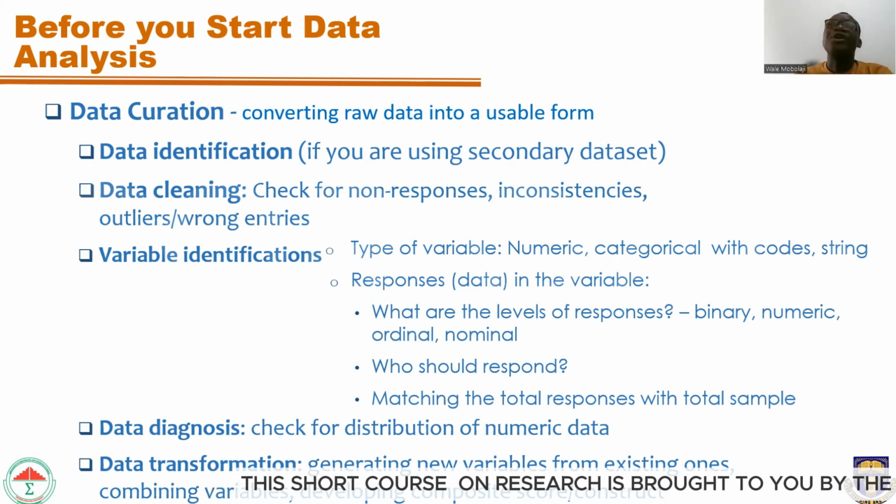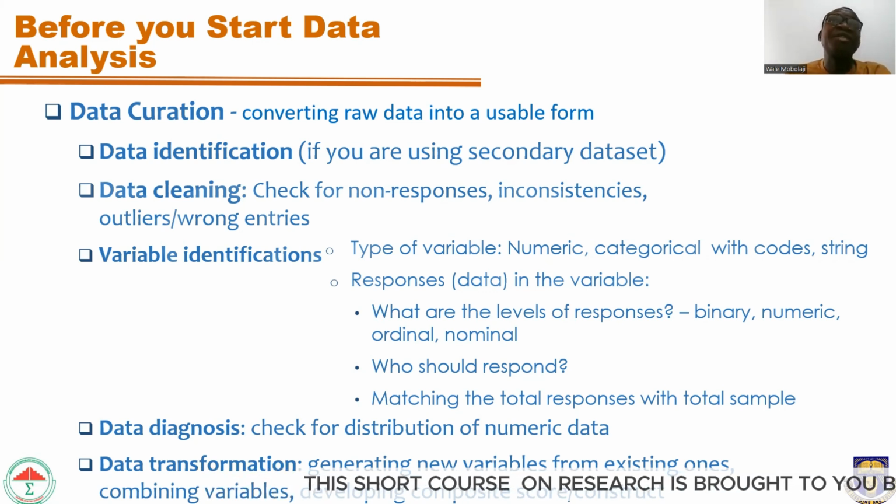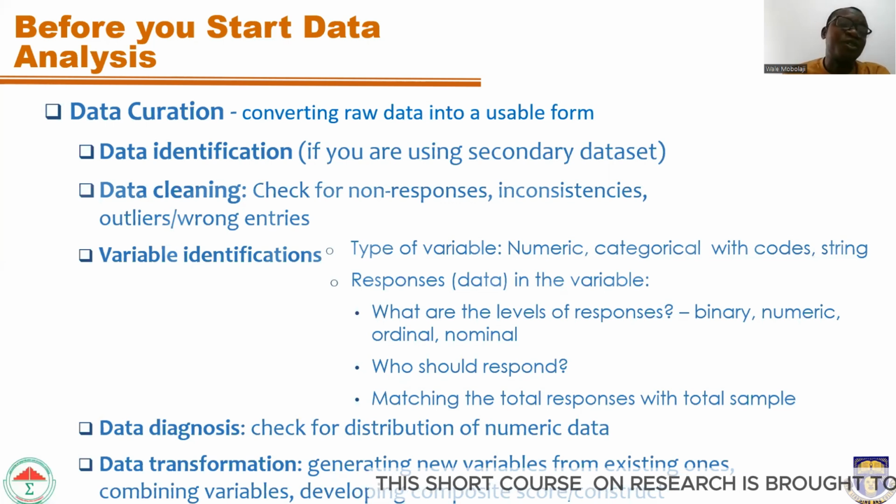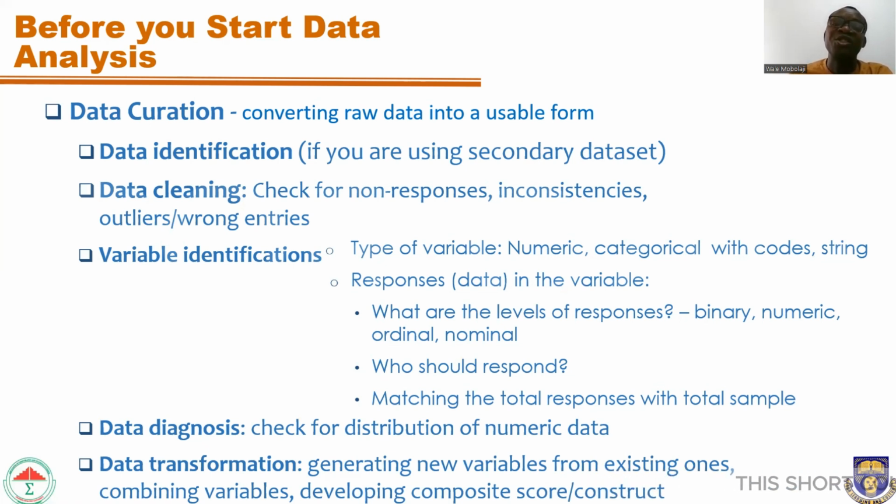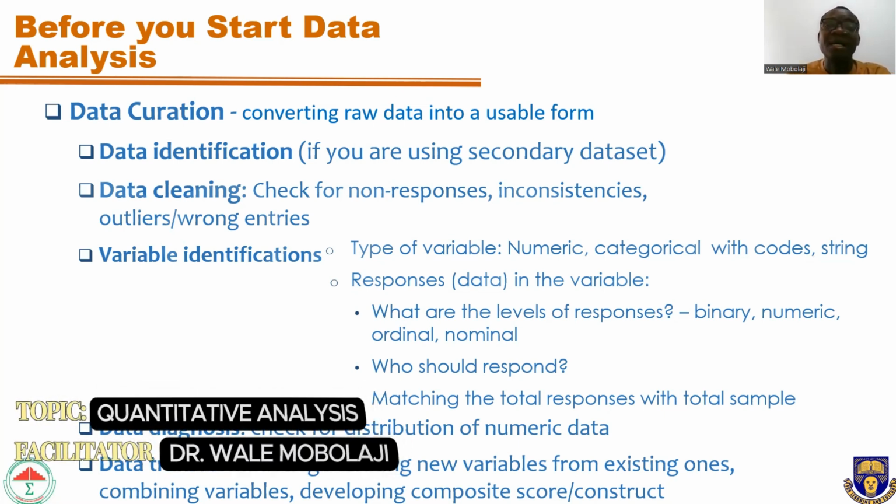For you to do that, and before you start your analysis, you need to first do a kind of data curation, and that has to do with converting your raw data into a usable form. Not all data are usable the way they are. So you need to do some manipulations, some adjustments, some transformations. You need to work on it first of all.